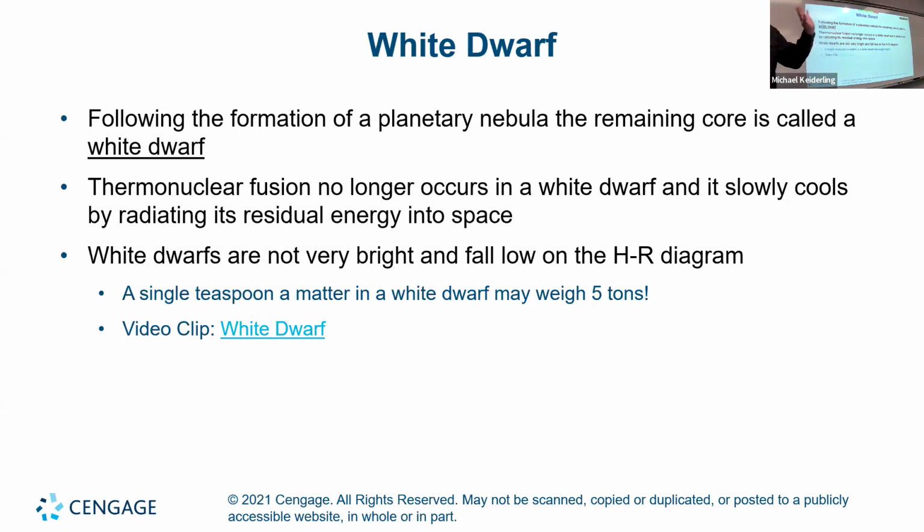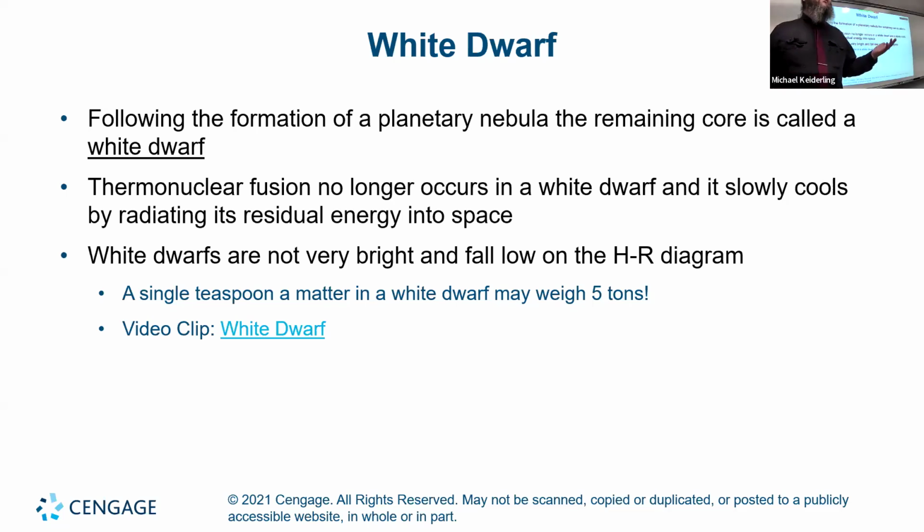So thermonuclear fusion isn't happening in a white dwarf. It will just slowly cool by radiating its energy into space. However, a white dwarf is very small and very dense. So it takes a very long time to slowly radiate away all its energy. And because they're very small, they're not very bright. So they fall low on the HR diagram.